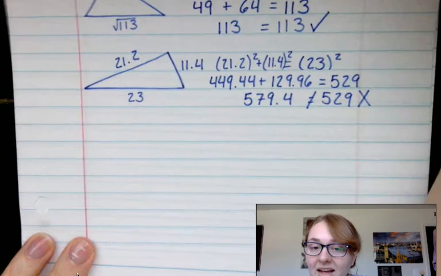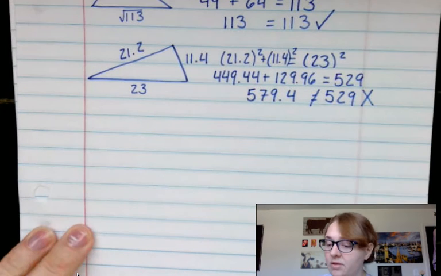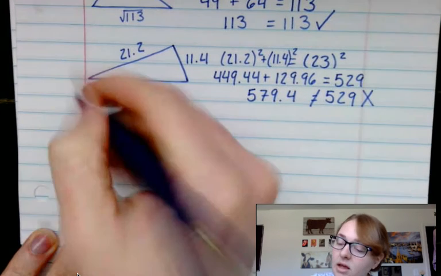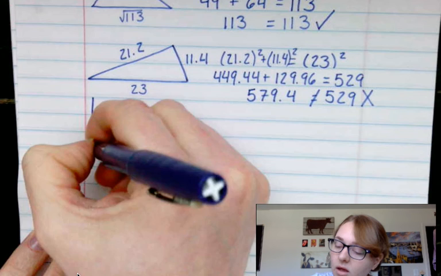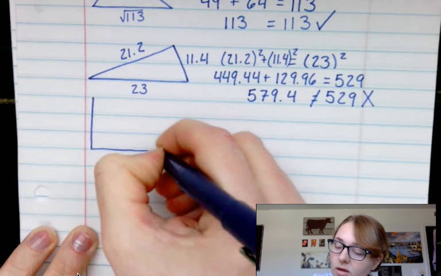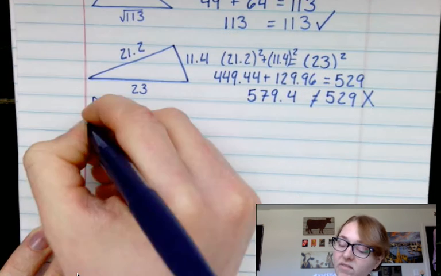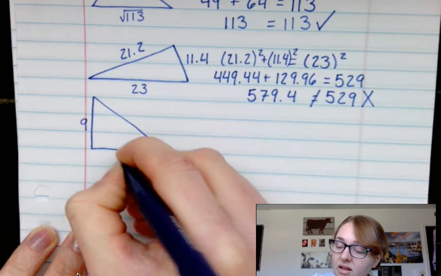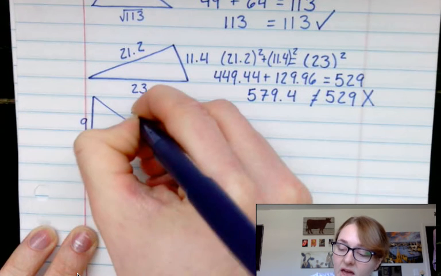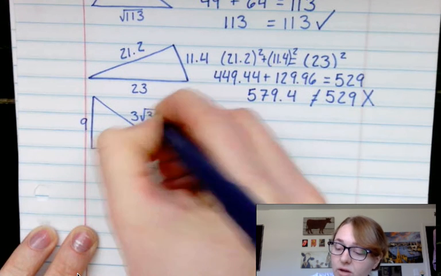All right, and then the last example of this type is going to be here, where we have the side lengths of 9, 15, and 3 root 34.